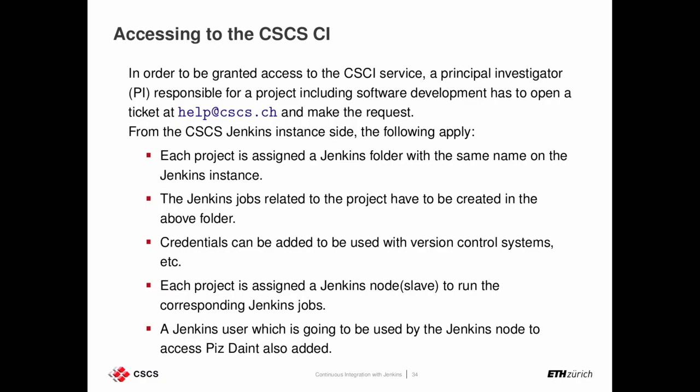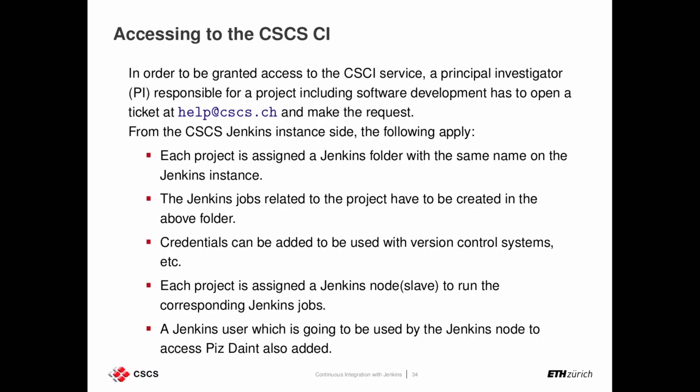So as I showed you before with folders, now I am responsible for handling the Jenkins CI service on the part of CSCS. I will create a folder that will be associated to your project, and when you log in, you will only be able to see that folder. So there's no problem of messing with other people's jobs, or people messing with your jobs or seeing the job results.